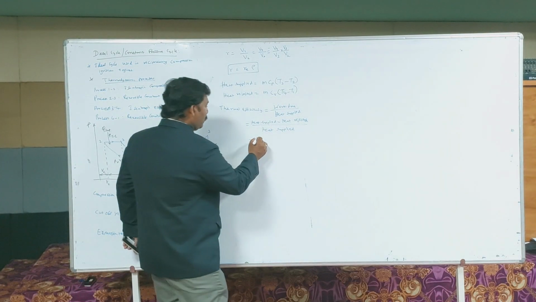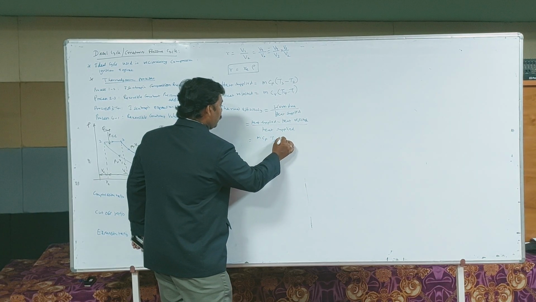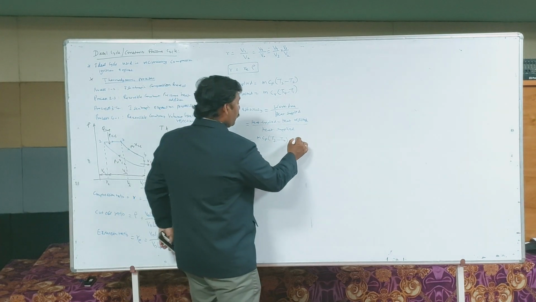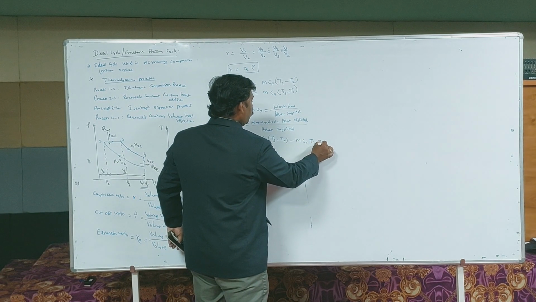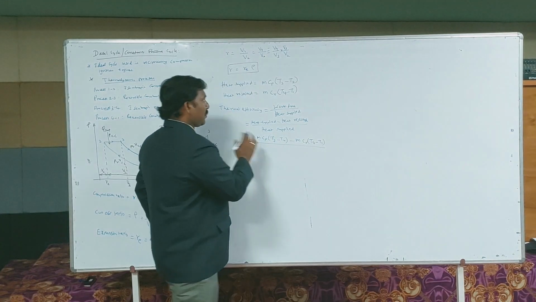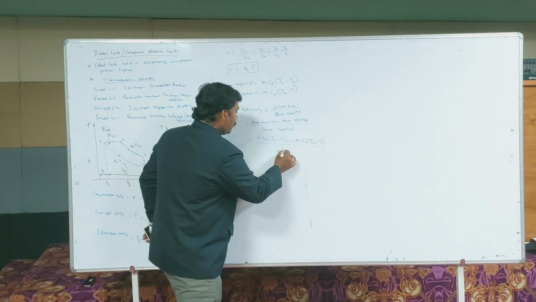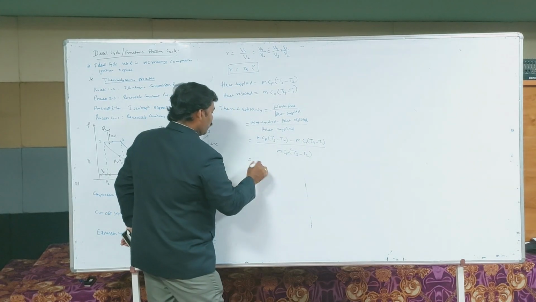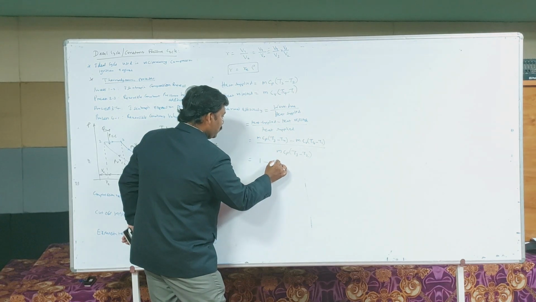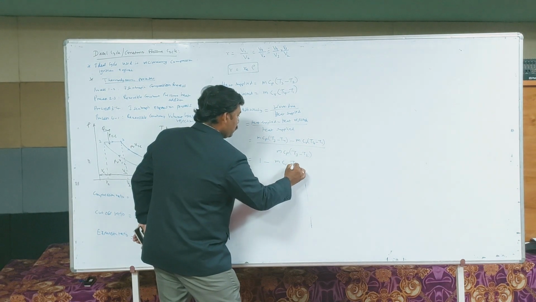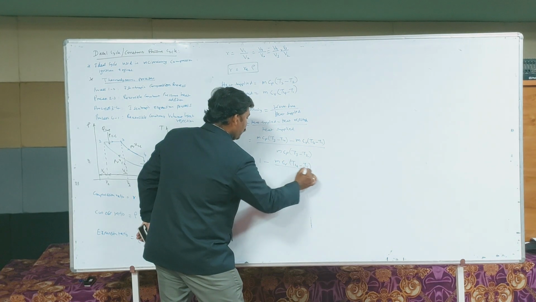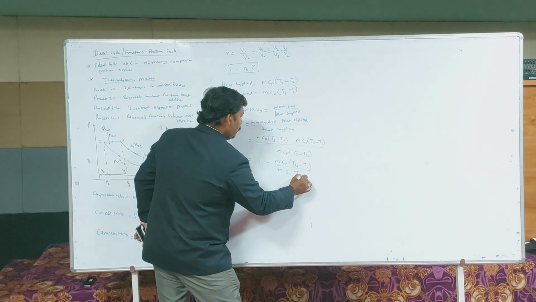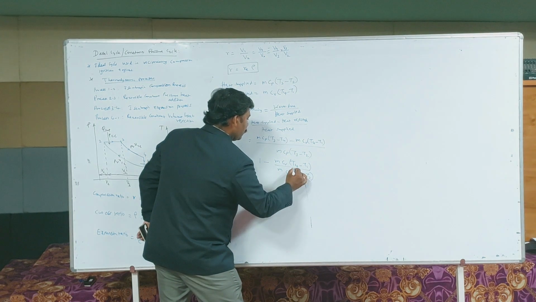The heat supplied is m into Cp into T3 minus T2, and heat rejected is m into Cv into T4 minus T1, divided by the heat supplied, mCp into T3 minus T2. By rearranging this expression, I can get 1 minus m into Cv into T4 minus T1 divided by m into Cp into T3 minus T2.